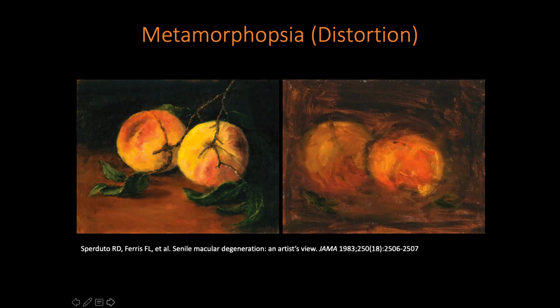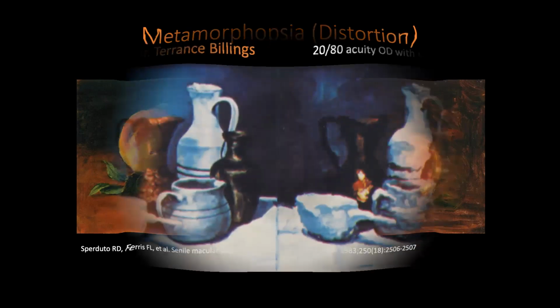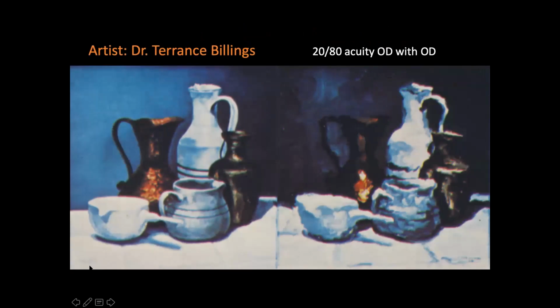Please note the distortion of the regular contours and general loss of fine detail and overall darkening of colors. This is the picture he painted with both eyes open, and on the right, the distorted vision in his affected right eye.